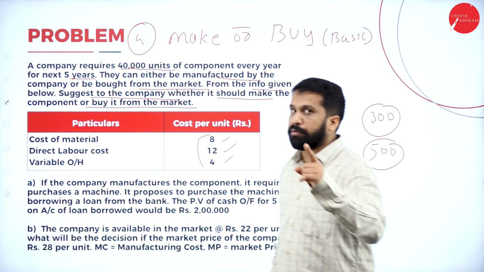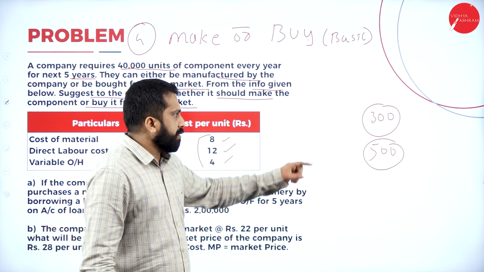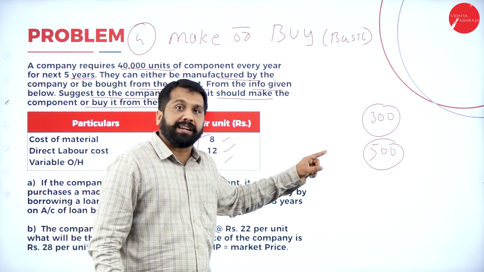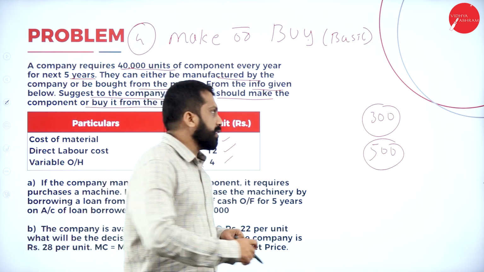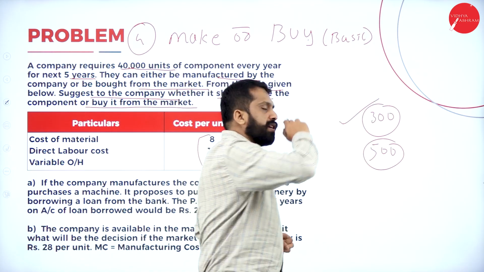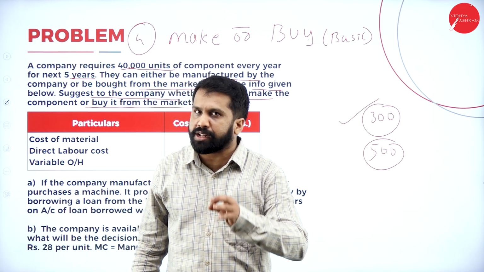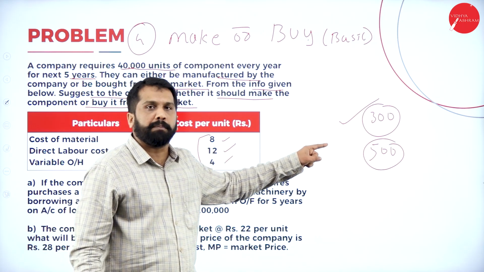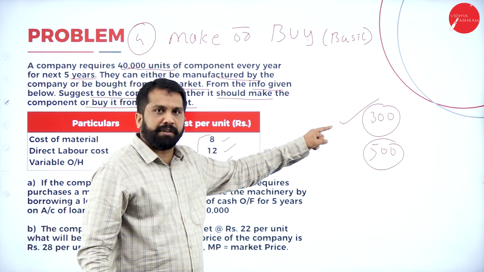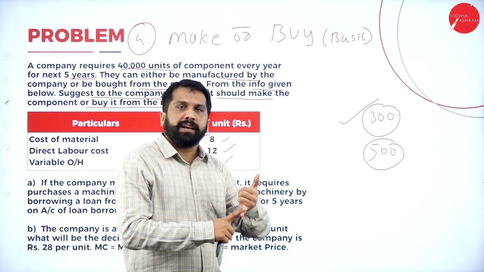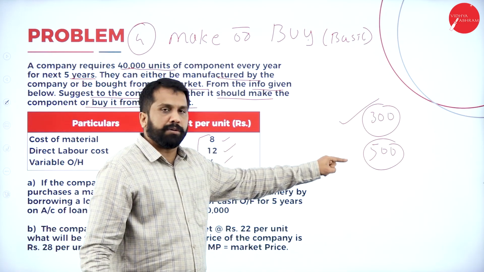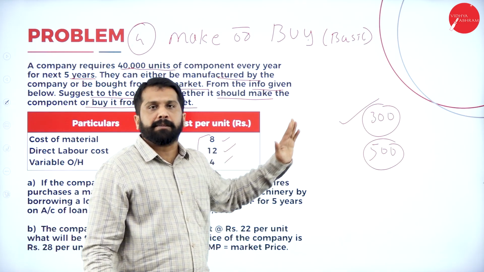Which option will you go for? You will go and buy from the shop, because you get the same ice cream with more quality, more tasty, and you can save your time and your 200 rupees. This is called make or buy.